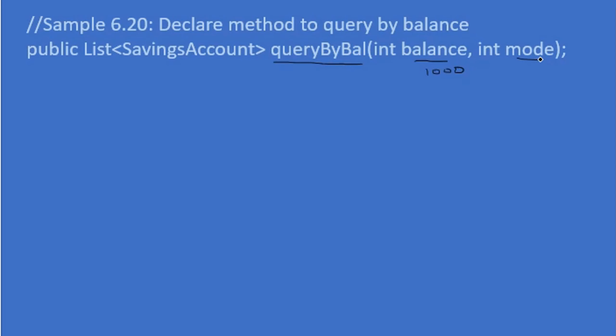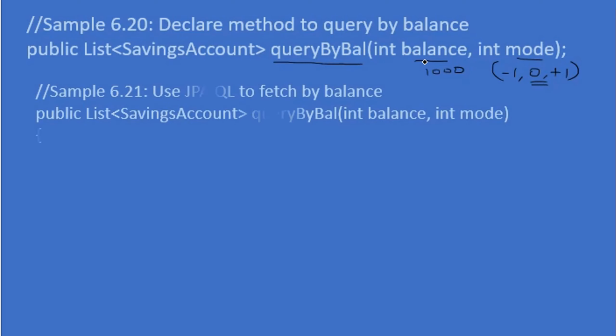So this mode will tell, so if it is -1, less than, 0 means equals, +1 means the balance greater than 1000. So the radio buttons will supply this mode, and the text field will receive the balance, and we will pass that here to the bean method.